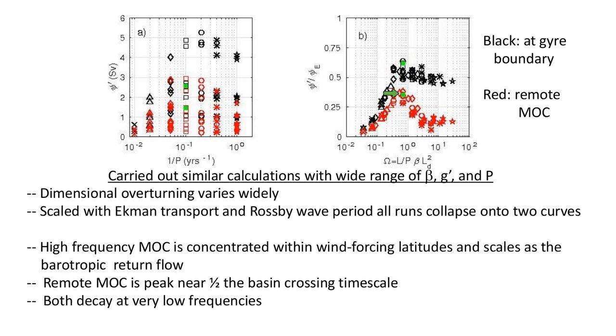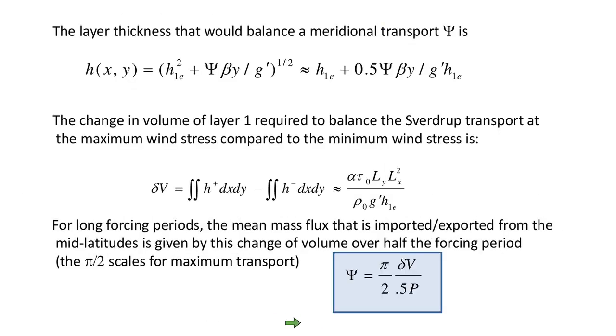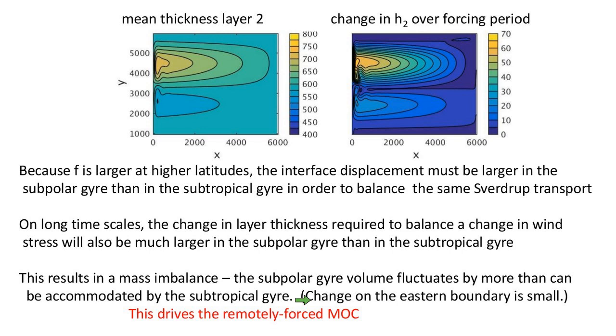And the remote forcing decays at low frequency, decays at high frequency, and it peaks around this basin crossing time scale. And it's about 1/2 the basin crossing time scale where the peak is. All right, so I think this is a general pattern, a general behavior.